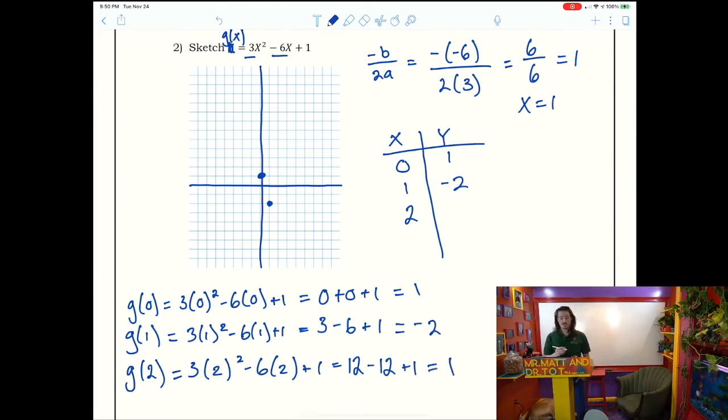Just like we expect, it is symmetric around that axis of symmetry. So when x is equal to 2, y is equal to positive 1. So now we have our 3 points, and we can sketch out a rough graph that might look something like this.